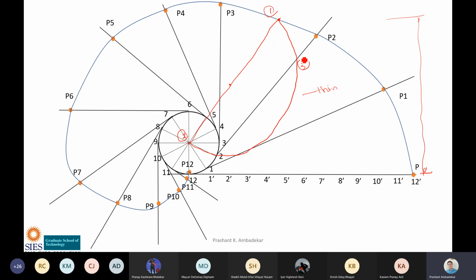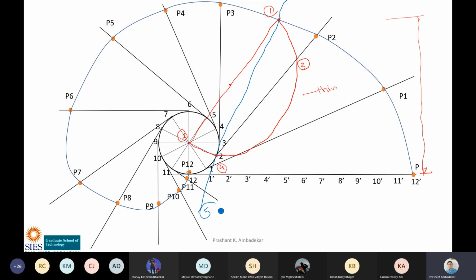Then where this semicircle intersects the circle, notice this is point number 4. Then from this point number 4, draw a line like this.